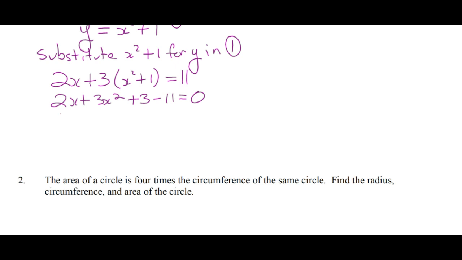You will never solve a quadratic unless it's set to 0. So 3x squared plus 2x minus 8 equals 0. They're integers, so if they're integers, then this expression has to do what? It has to factor.